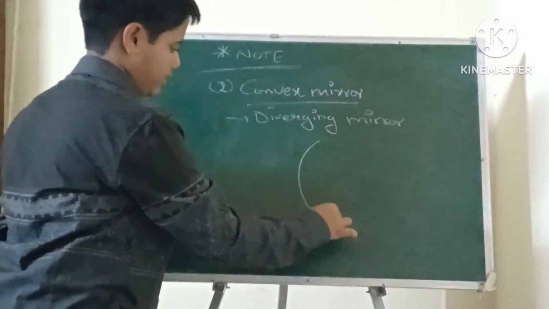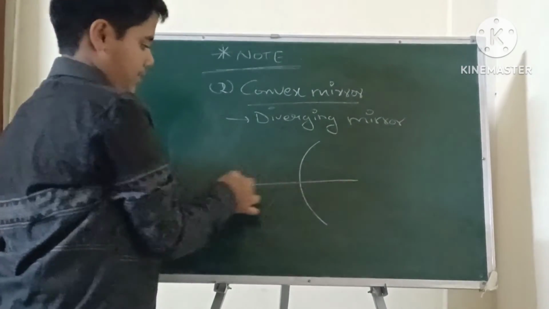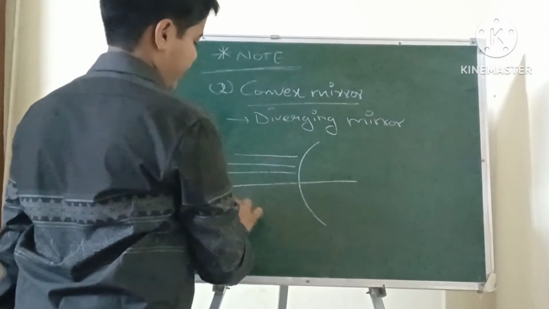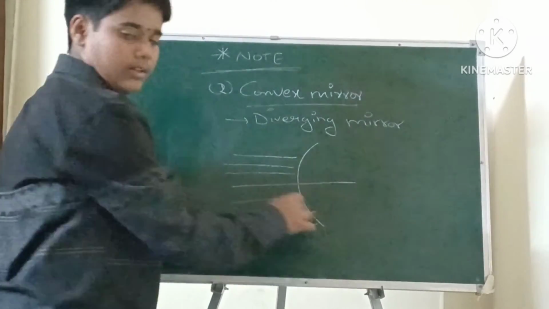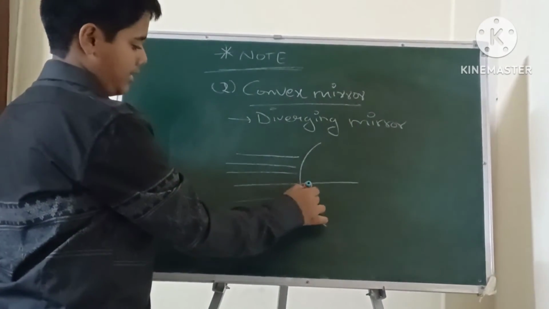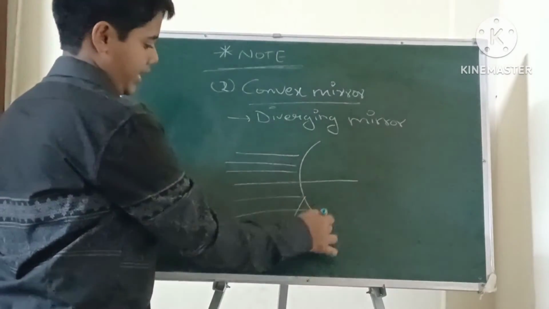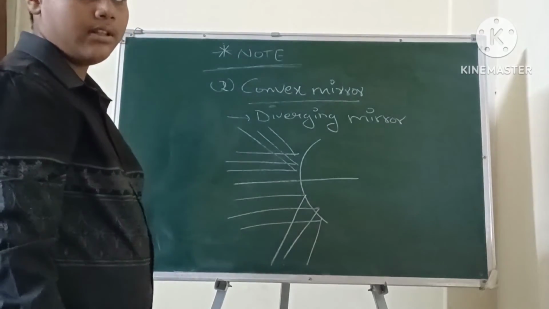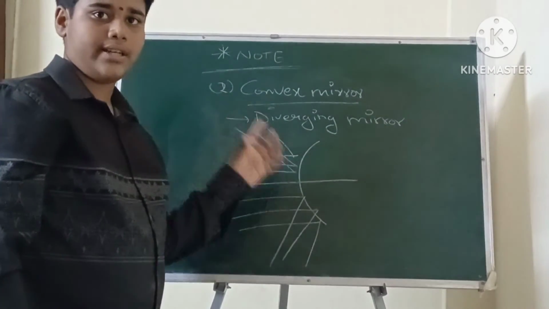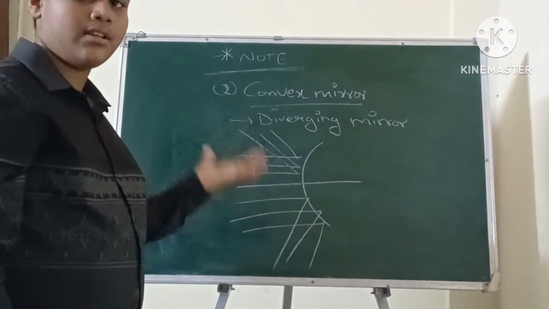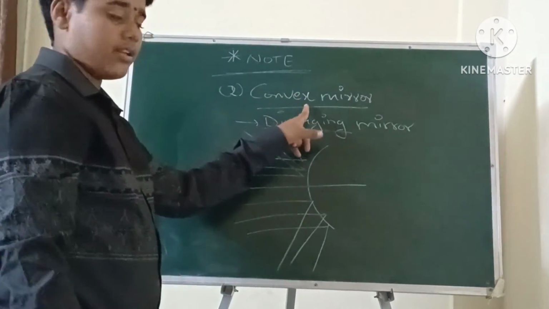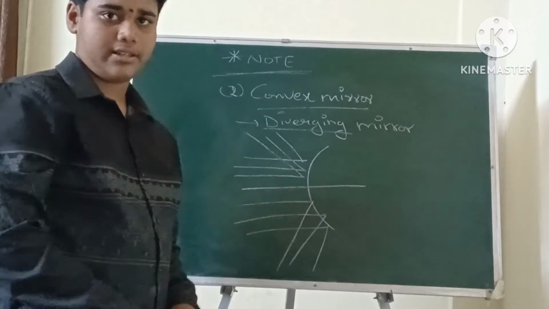Here I am taking this as a convex mirror and this is the principal focus. If I give a parallel beam of light rays, all these reflected rays go back like this to some other points. That is called diverging, and this mirror is also known as a diverging mirror.